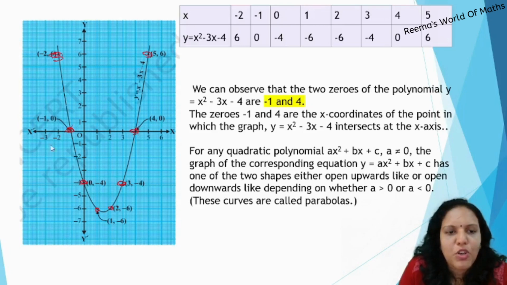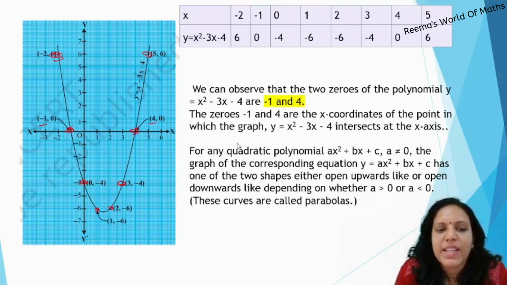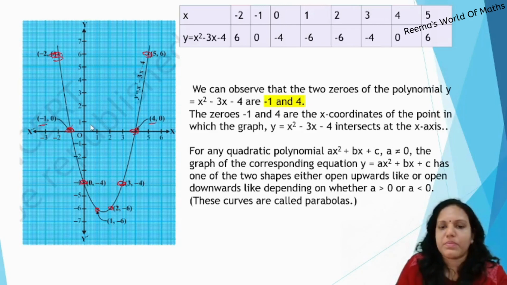So, the zeros of this polynomial are minus 1 and 4, and we can say that it has cut the x-axis at two different points. So, again we can say the shape formed for a quadratic polynomial is a parabola.